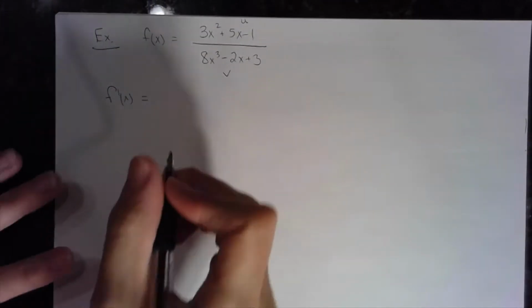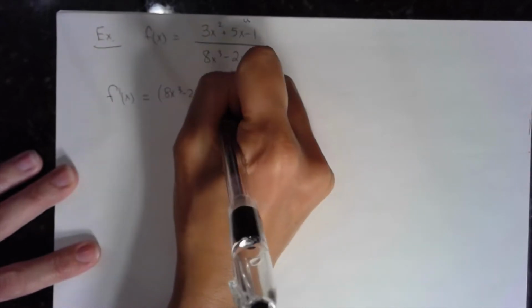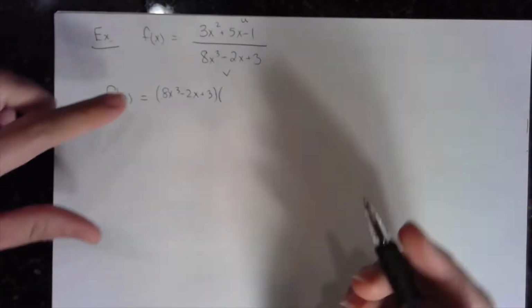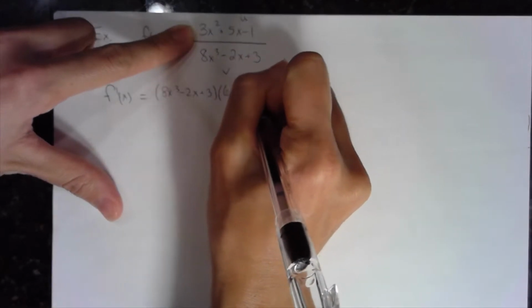I could just say it as the bottom, copy it down, times the derivative of the top. The derivative of the top is just 6x plus 5.